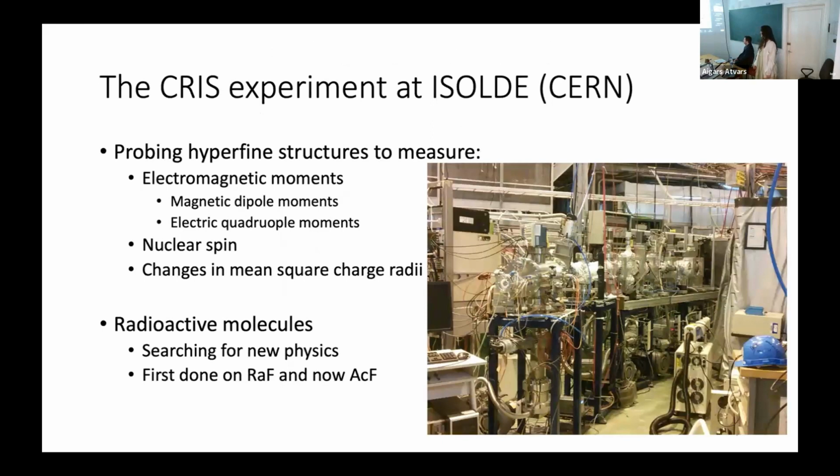This was done at ISOLDE with the CRIS experiment. They usually probe hyperfine structures to extract nuclear values like electromagnetic moments, spin, and changes in the mean square charge radii, and they are also investigating radioactive molecules. But now we're adding negative ions to their roster.